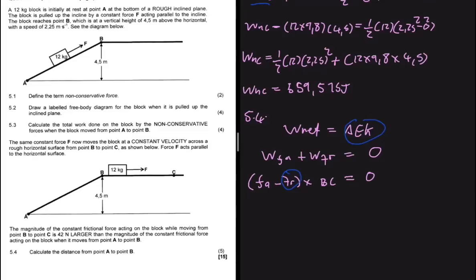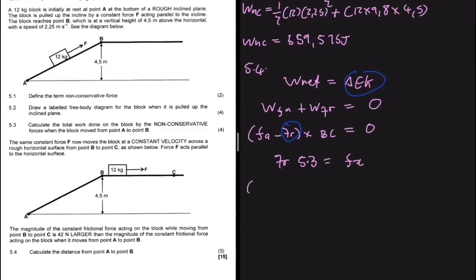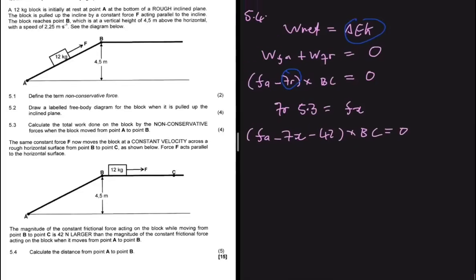So if we let the frictional force in 5.3 be equal to Fx, then Fa minus Fx minus 42, multiplied by BC, will be equal to 0.